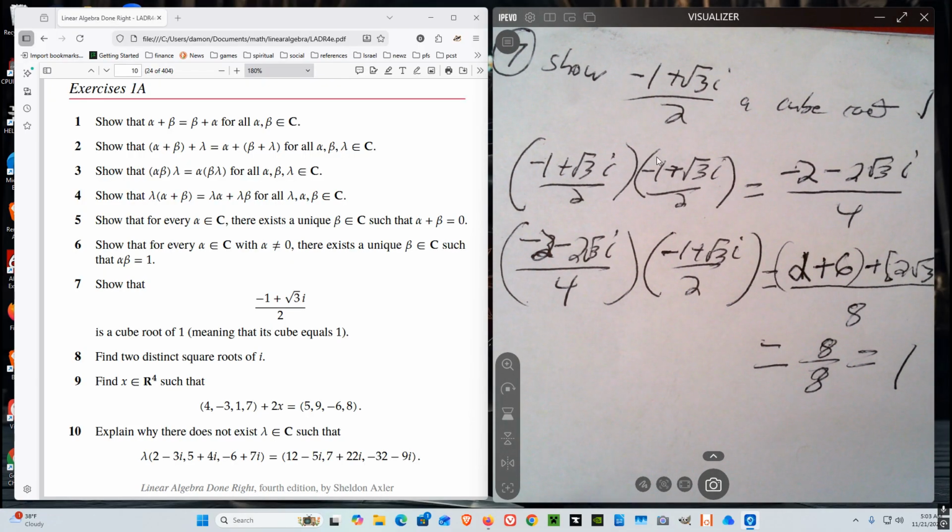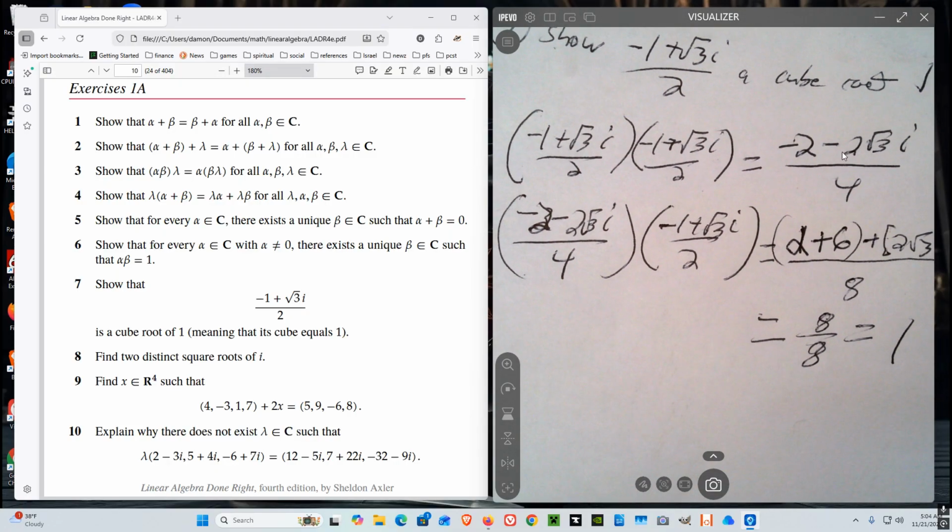So -1 times -1 is 1. Root 3 times root 3 is 3. But the i squared is -1, so you're doing 1 minus 3, which is where -2 comes from. -1 root 3 and -1 root 3 is the -2 root 3i. 2 times 2 is 4.